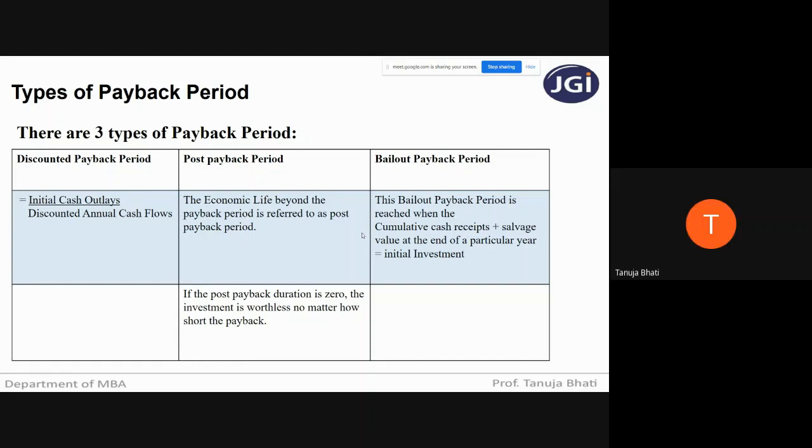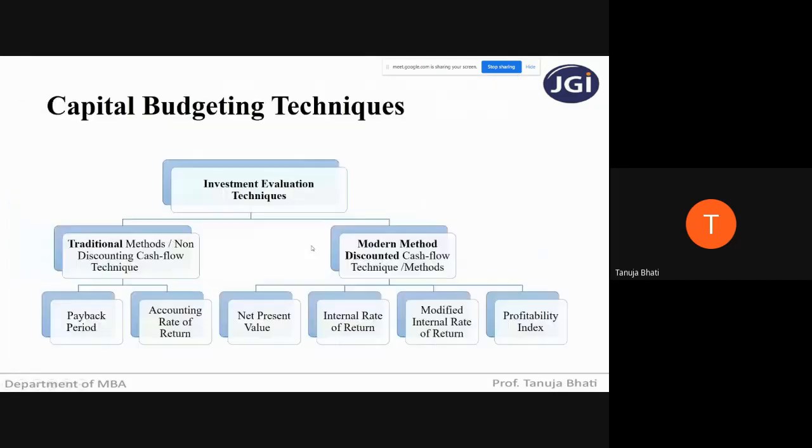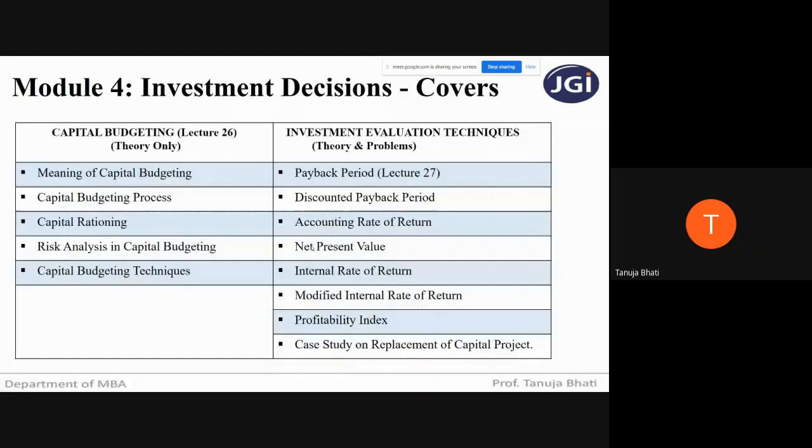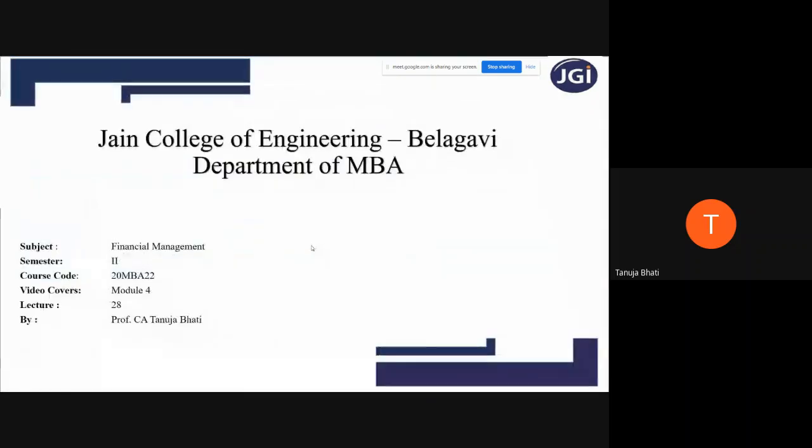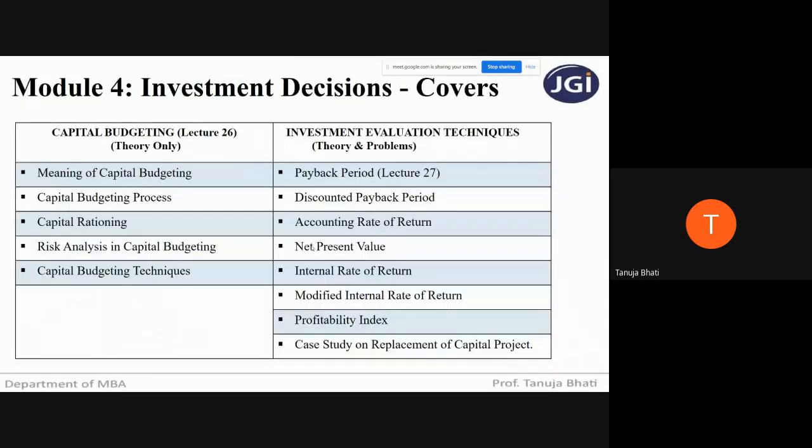Because whenever I begin my class, I just ask whether the screen is visible, which means whether the PPT is visible. Okay, now quickly see what I had gone through. I'll just show you all quickly. We had covered this theory part, and now is the PPT visible? Yes, ma'am.